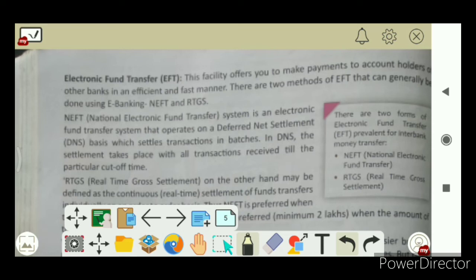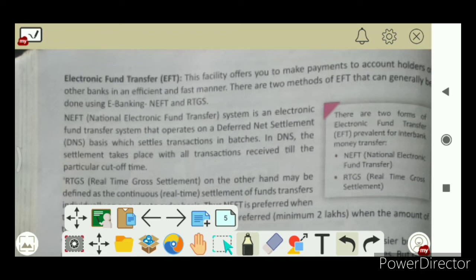Now here another thing is NEFT. Here N stands for national, E for electronic, F for fund, and T for transfer. The National Electronic Fund Transfer System is an electronic fund transfer system that operates on a deferred net settlement, DNS, basis, which settles transactions in batches.